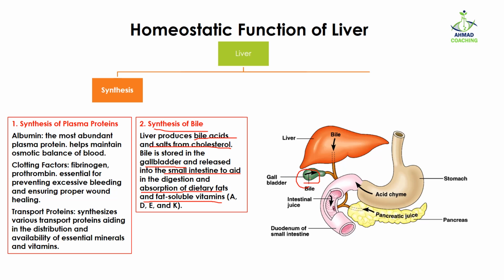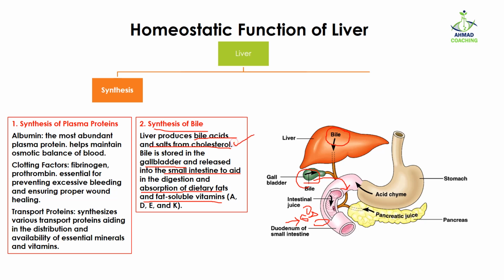Bile itself is not involved in digestion, but it is released into the small intestine, where it acts on the fat and emulsifies it, or converts it into small droplets, so the enzymes can act on it and digest the fat. This bile is originally synthesized in the liver with the help of cholesterol.